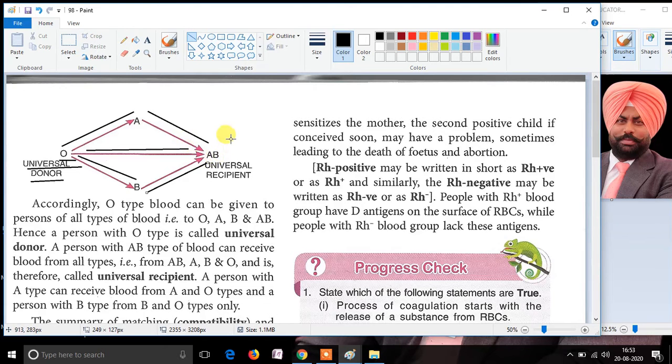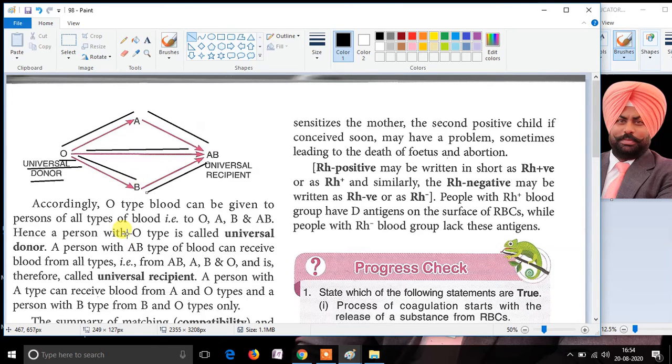But the person having blood group AB cannot donate his blood to any other group, because he can only and only donate his blood to a person having blood group AB. He can't donate his blood to a person having blood group A. He can't donate his blood to a person having blood group B.